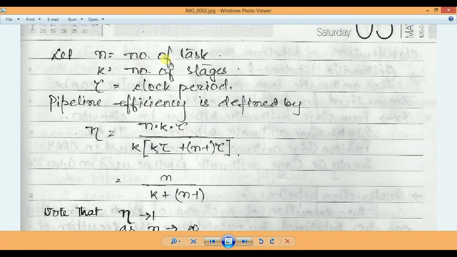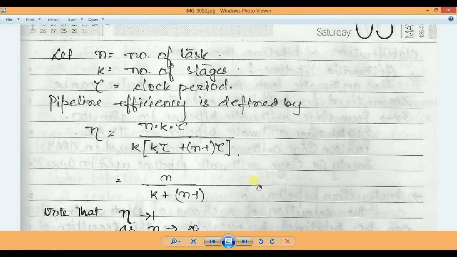If n is the number of tasks, k is the number of stages, and tau is the clock period, then pipelining efficiency is defined by eta. Eta is the efficiency. Eta equals n k tau divided by k into k tau plus n minus 1 tau. I'm pretty sure you understood.